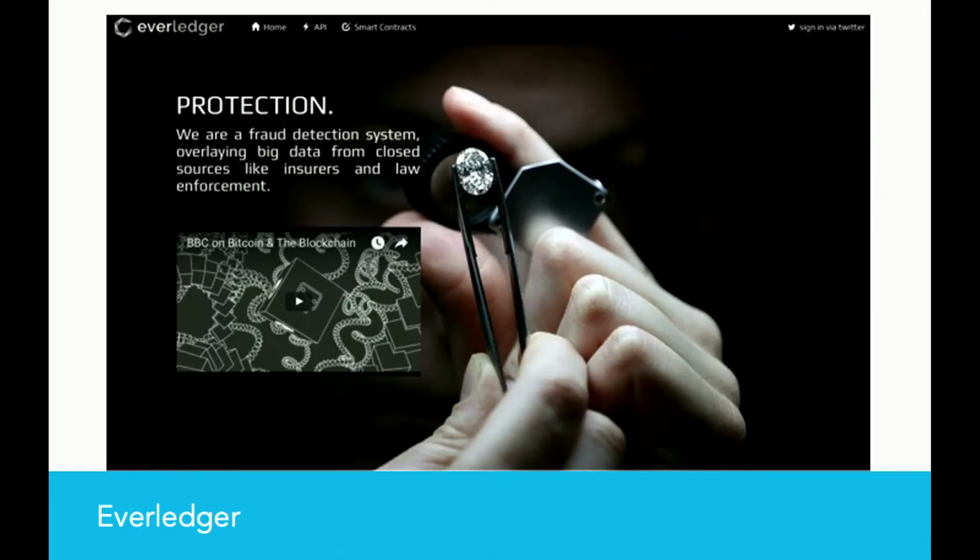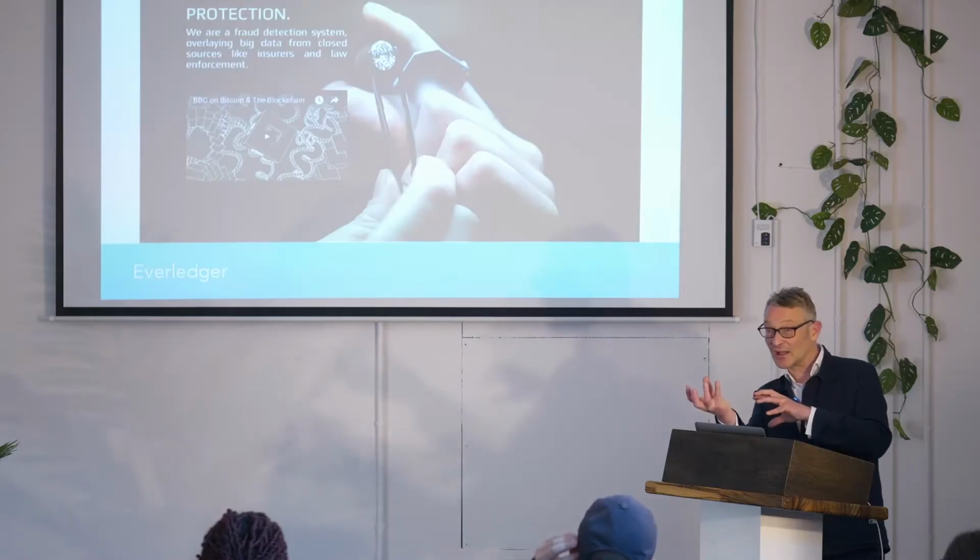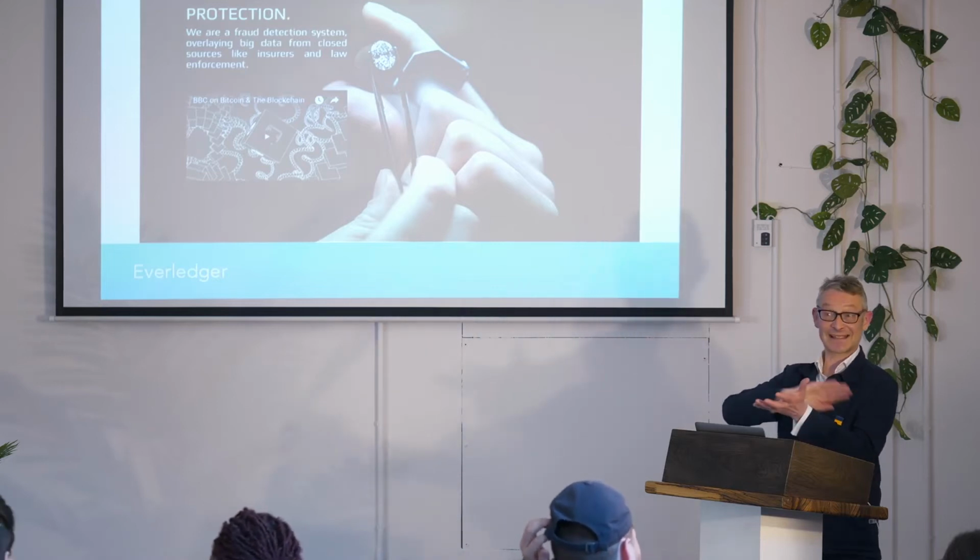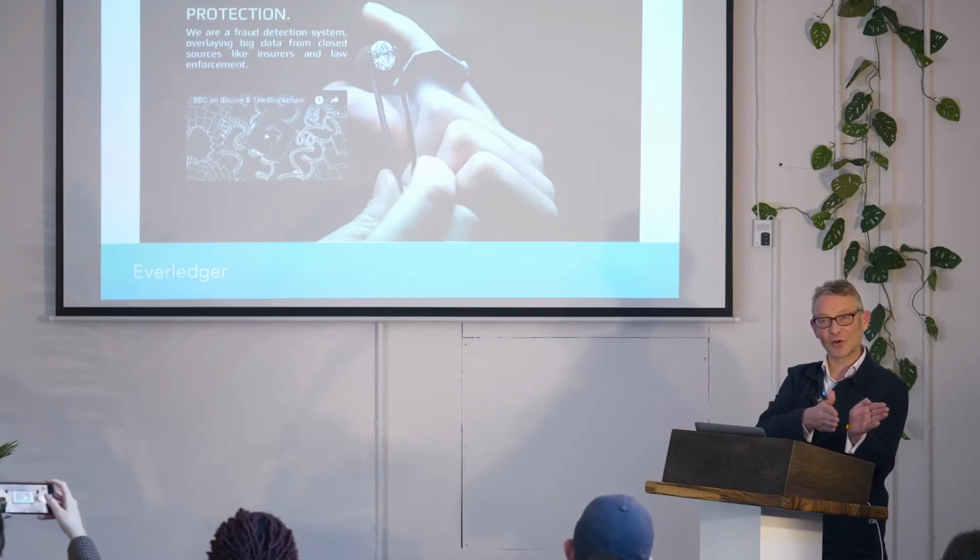Because you have a ledger, some people are interested in its traceability. So blood diamonds: if you could put a diamond onto the blockchain at source that came from an ethical mine, Everledger suggests that it's a way of encrypting it. Because every diamond that comes out of the ground has a geomorphological signature, you can literally scan it and dump it in the blockchain.